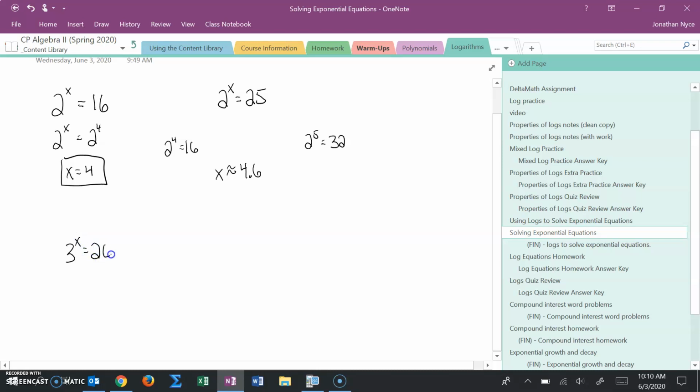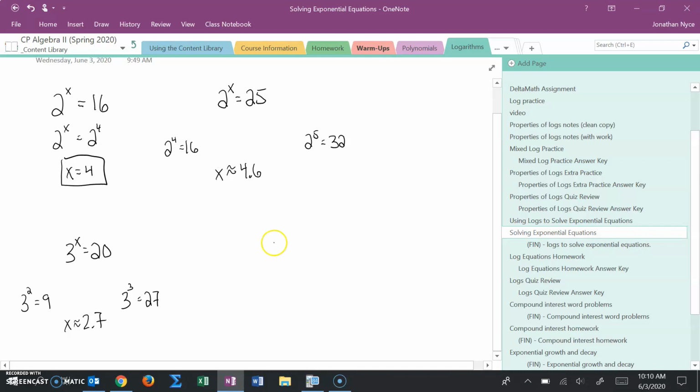Same thing if we had, let's say, 3 to the x power equals 20. So we know 3 to the 2nd power is 9, and 3 to the 3rd power is 27. So this exponent has to be somewhere between 2 and 3, maybe 2.7. I'm just guessing there, but I know it has to be between 2 and 3.